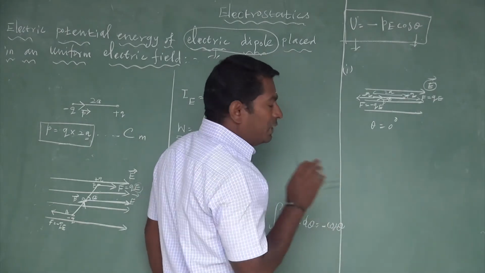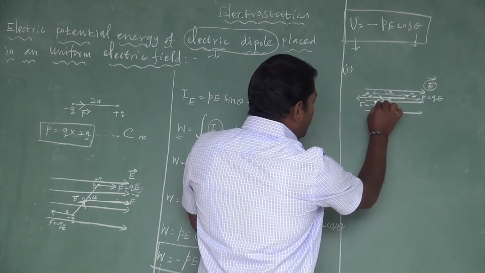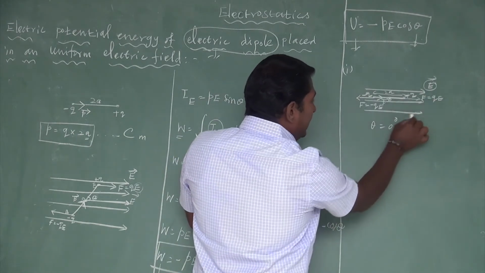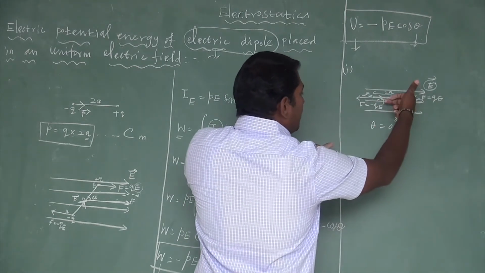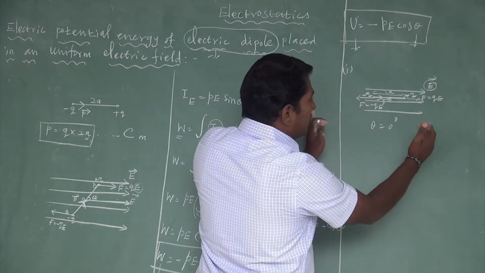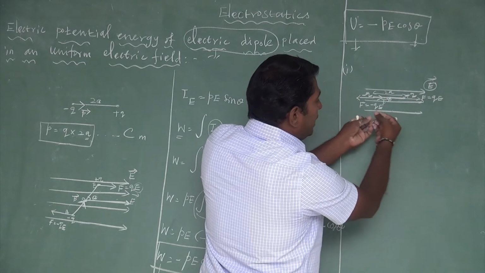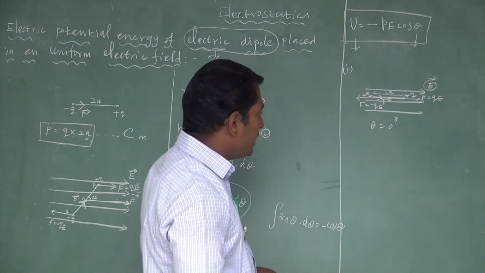You should keep in mind that in this position also the net force acting on the electric dipole is 0. F is equal to qE towards the positive x-axis, F is equal to minus qE acts towards the negative x-axis. Both forces are equal in magnitude and act in opposite directions. Once again, the net force acting on the electric dipole is 0.